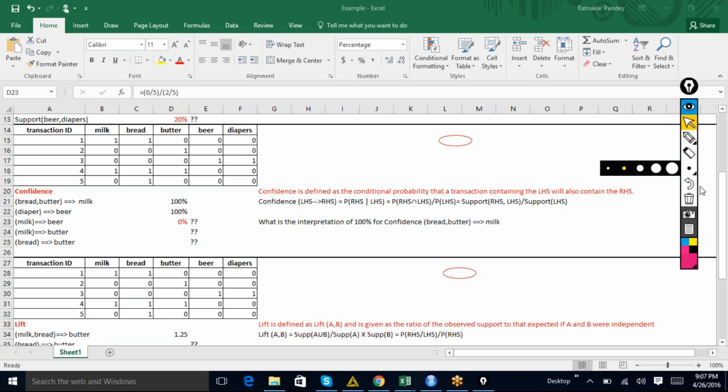Okay, so let's do the next one. What is the confidence that butter will be bought given milk has been bought? Which just says 40%.